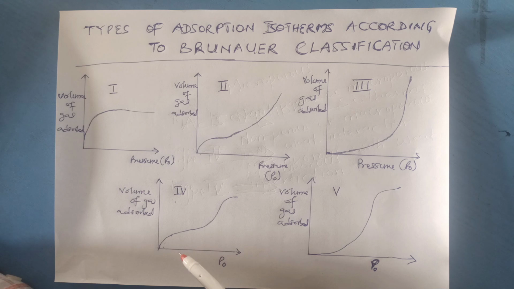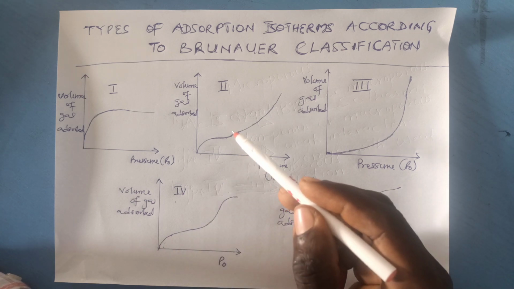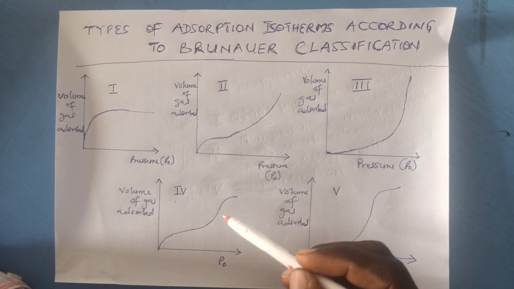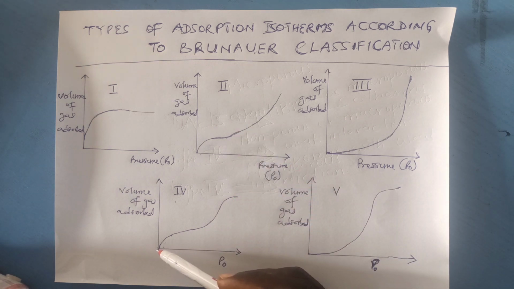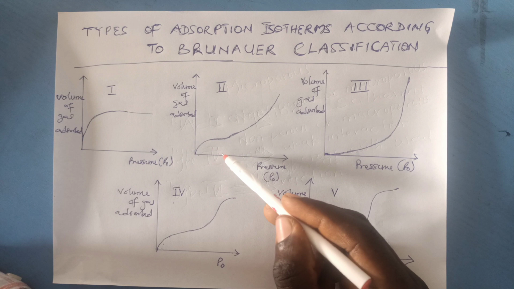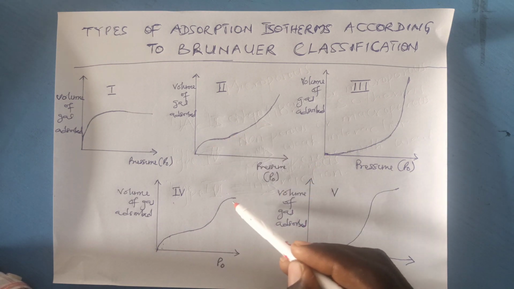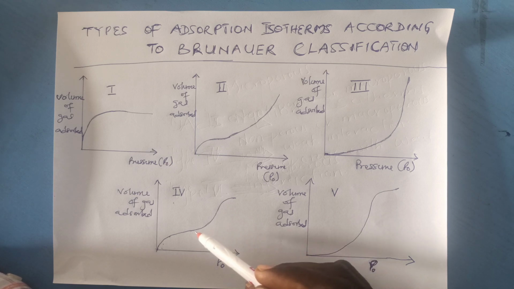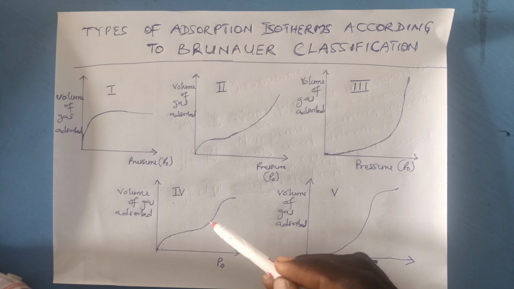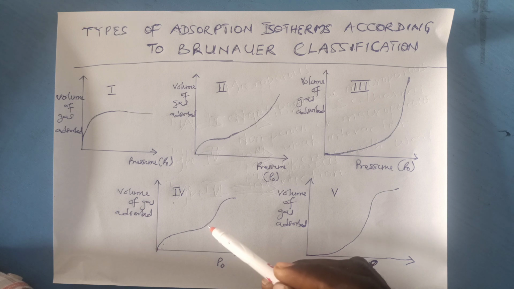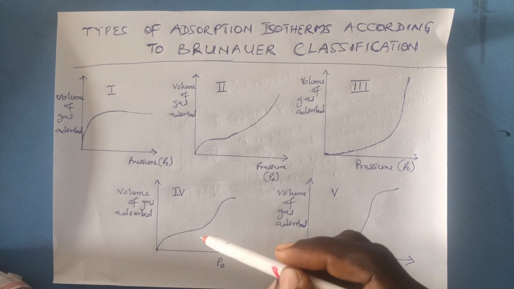Adsorption isotherm 4 is a variation of adsorption isotherm type 2. If you look at it, it almost has the same shape, but it continues. It is a variation of type 2, but with a finite multilayer formation corresponding to complete filling of the capillaries.